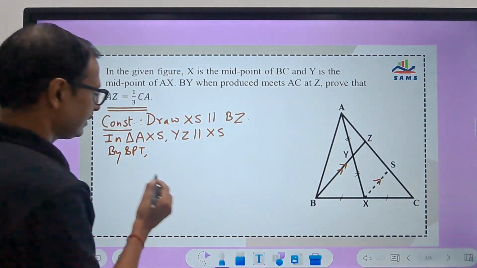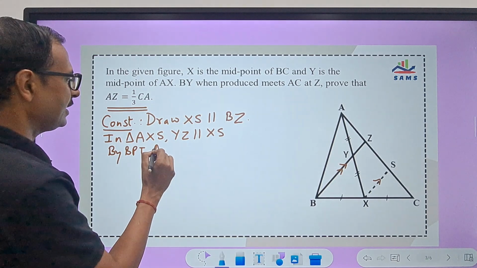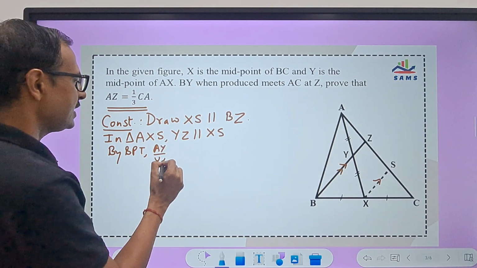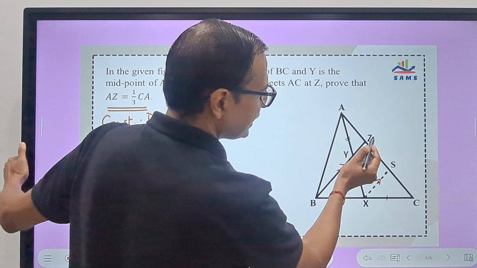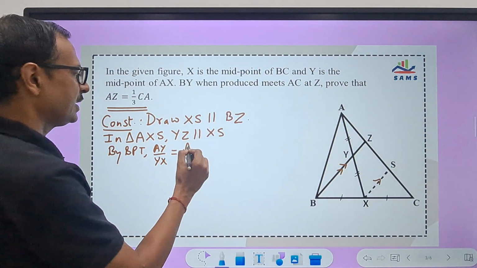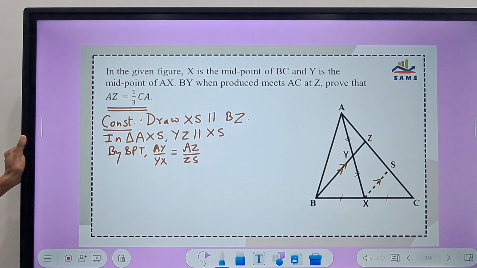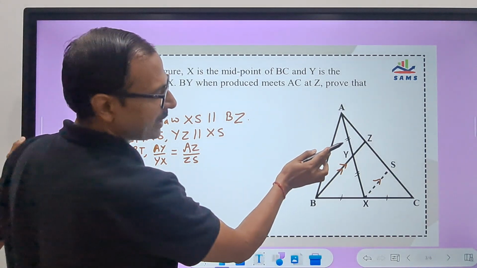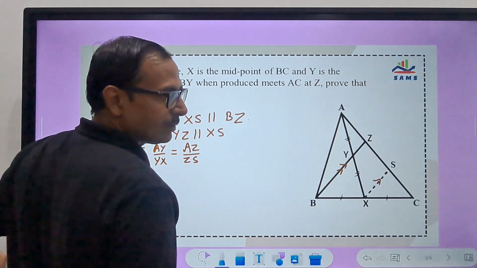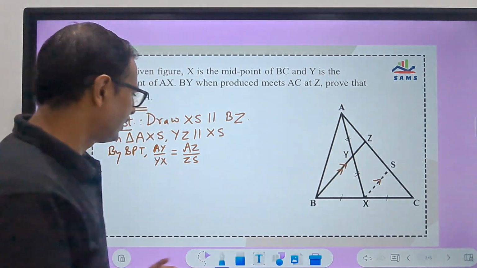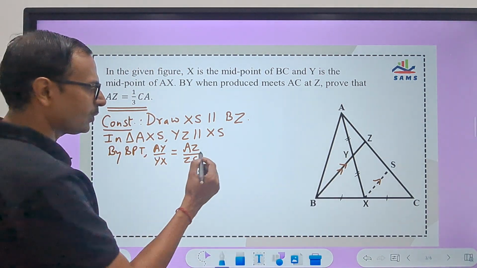AY upon YX is equal to AZ upon ZS. Now in this part you can see that these two parts AY and YX are equal because Y is the midpoint. So AY and YX are equal.